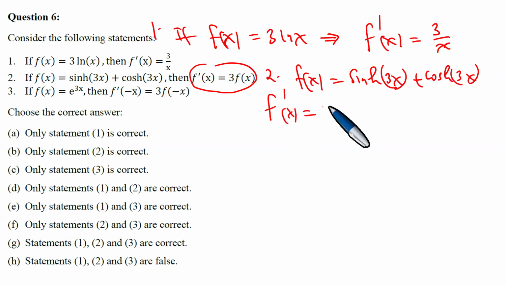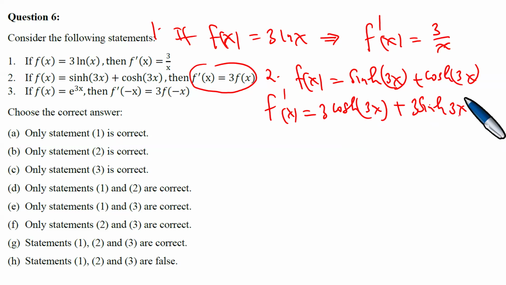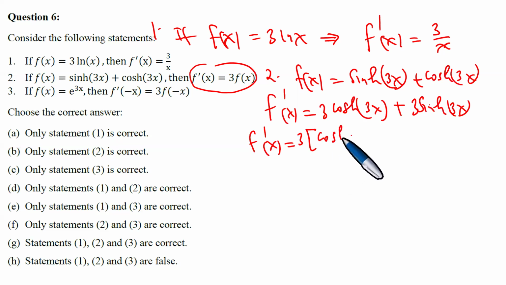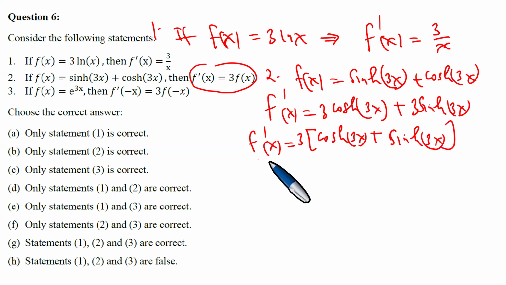The derivative of the hyperbolic sine is 3 the cosh of 3x plus 3 the hyperbolic sine of 3x, which is the cosh of 3x, and then this is actually the hyperbolic sine of 3x.